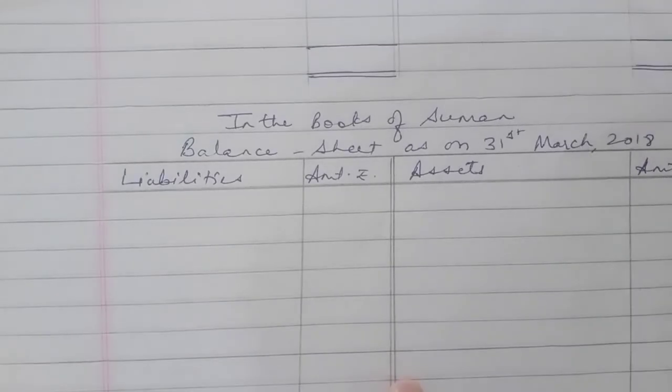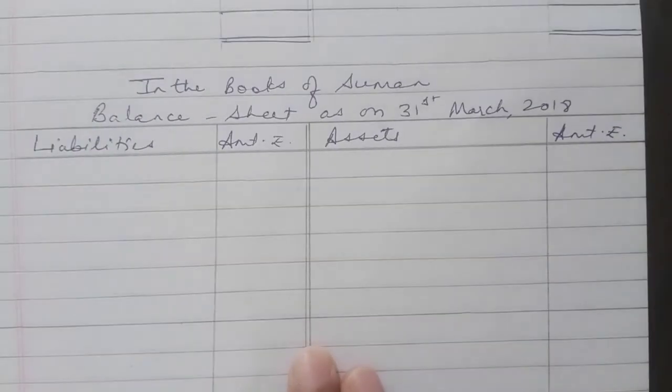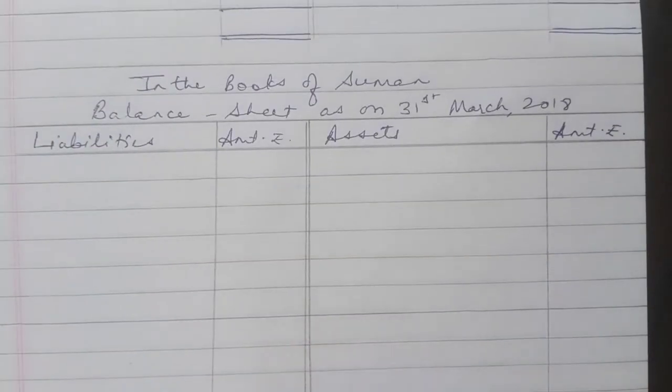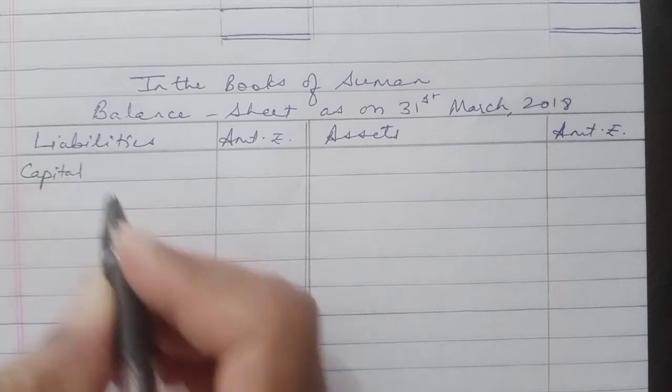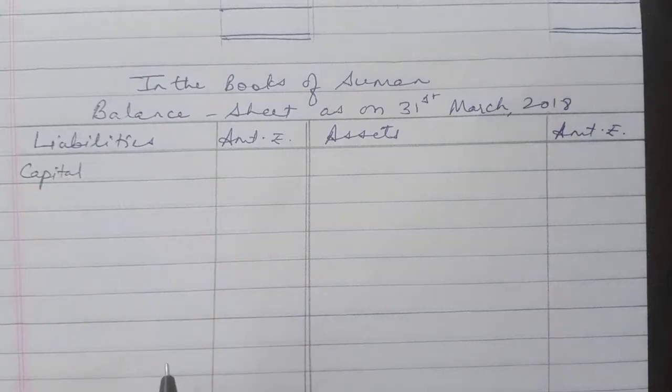Now we will go to the balance sheet. Balance sheet, first we'll see the liability side. On the liability side, first we will take the capital balance. So we'll write here capital in the inner column, because if there's a net profit, it will be added to the capital.